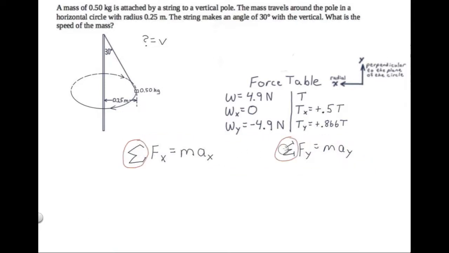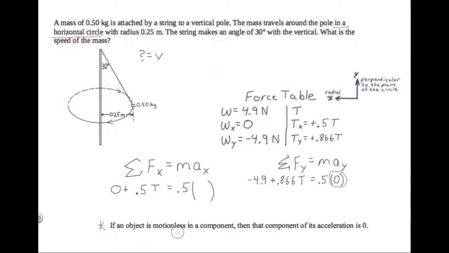The sigma symbol means add. So on the left side of the equations, we add all of the individual force components. Be sure to include this crucial negative sign when you're adding W sub y. For m, we substitute the mass, 0.5 kilograms. If an object is motionless in a component, then that component of its acceleration is 0.